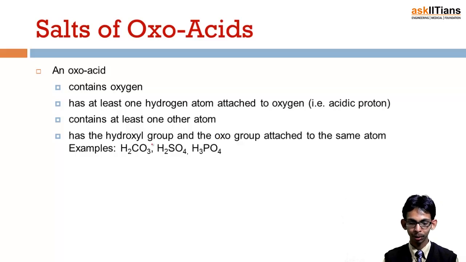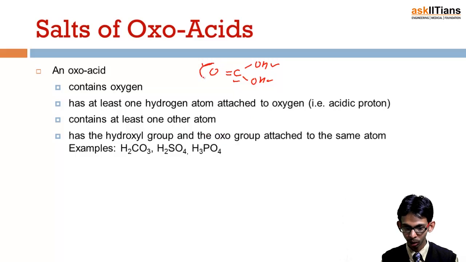And here are some examples. The first is carbonic acid. Let's see what the structure is. The structure is basically this, for carbonic acid. Okay, does it contain oxygen? Yes, it contains oxygen. It has at least one hydrogen atom attached to oxygen. Yes, in fact two hydrogen atoms attached to oxygen. It contains at least one other atom. Yes, it contains a carbon atom. And both hydroxyl group and oxo group are attached to the same atom.